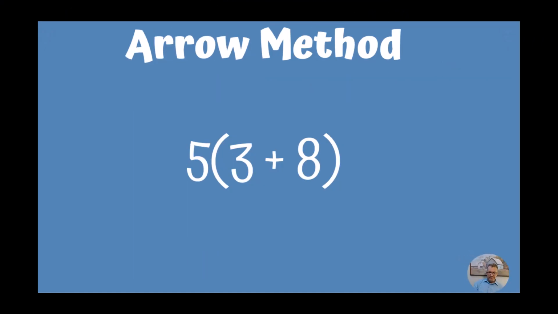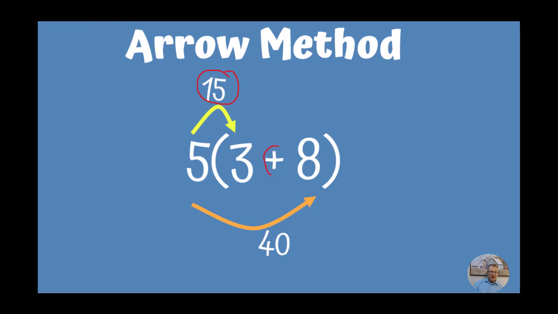The arrow method, well, some people like the arrow method. You draw an arrow from 5 to 3. Well, 5 times 3 is 15. Make a little notation up there. Next, you're going to draw an arrow from that 5 to that 8. What's 5 times 8? That's right, 40. So we've got 40.